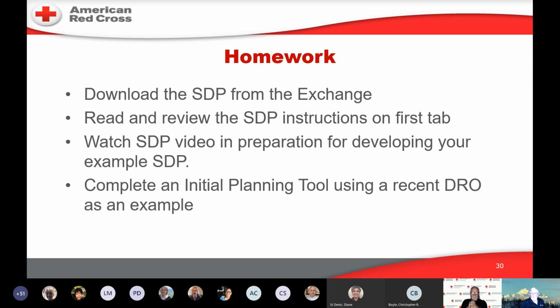And that's the homework. Do you want to cover this one? Sure, I can take it. Yeah. So I think the thing we wanted to emphasize today is, if you think about what we covered in the earlier slides, what's going to be your approach to the operation, how many people are impacted, what's the need. Once you get to the IPT, there's really not that many questions.